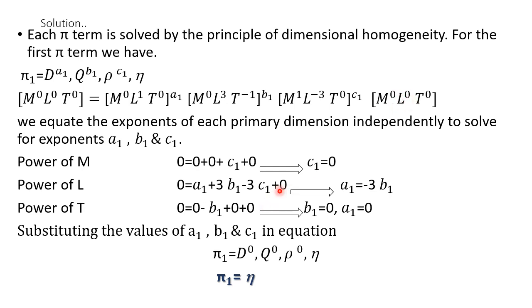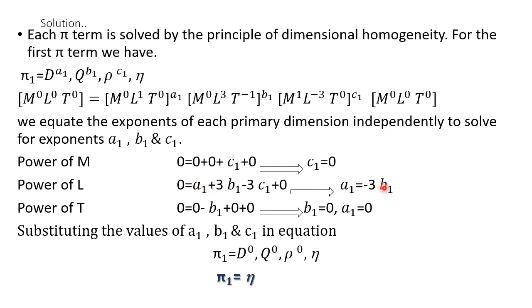So what I get is the equation a1 plus 3b1 minus 3c1 plus 0. When you simplify, because c1 is equal to 0, only the remaining terms are a1 plus 3b1, so a1 is equal to minus 3b1.